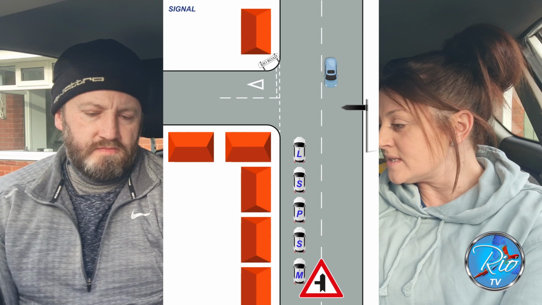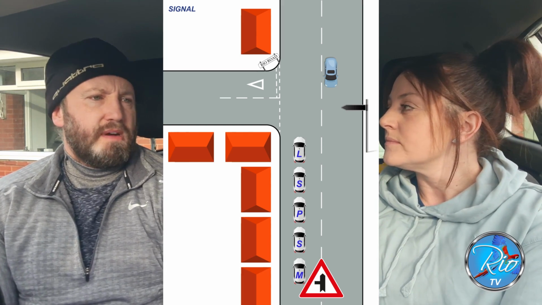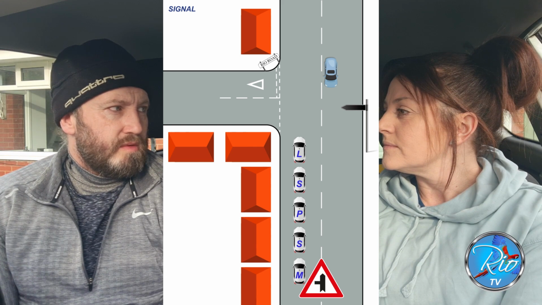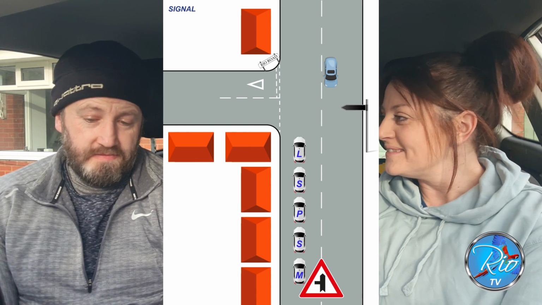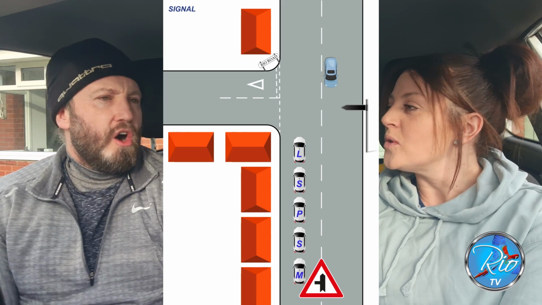Okay. But for this instance, because it's a junction, for health and safety reasons, we will always use a signal. If somebody pushes you further and says, well, that doesn't make any sense, can you think of another reason why we always use a signal?